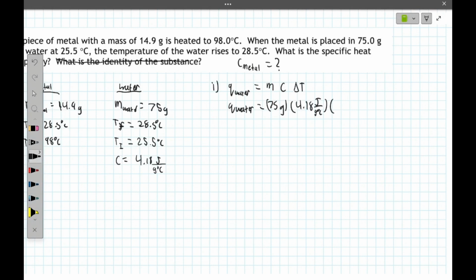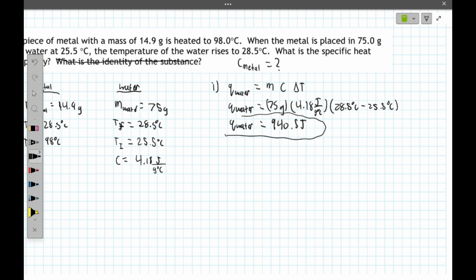And then the change in temperature. So T final 28.5 degrees Celsius minus T initial 25.5 degrees Celsius. So the Q of water is equal to 940.5 joules.